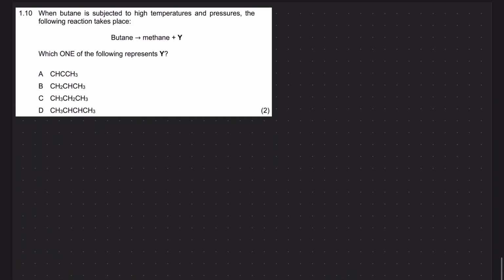Question 1.10. When butane is subjected to high temperatures and pressures, the following reaction takes place. Which one of the following represents Y? So, high temperatures and pressures is a clue that tells us that this reaction is actually a cracking reaction. And we know that during cracking, you will get an alkane plus an alkene.